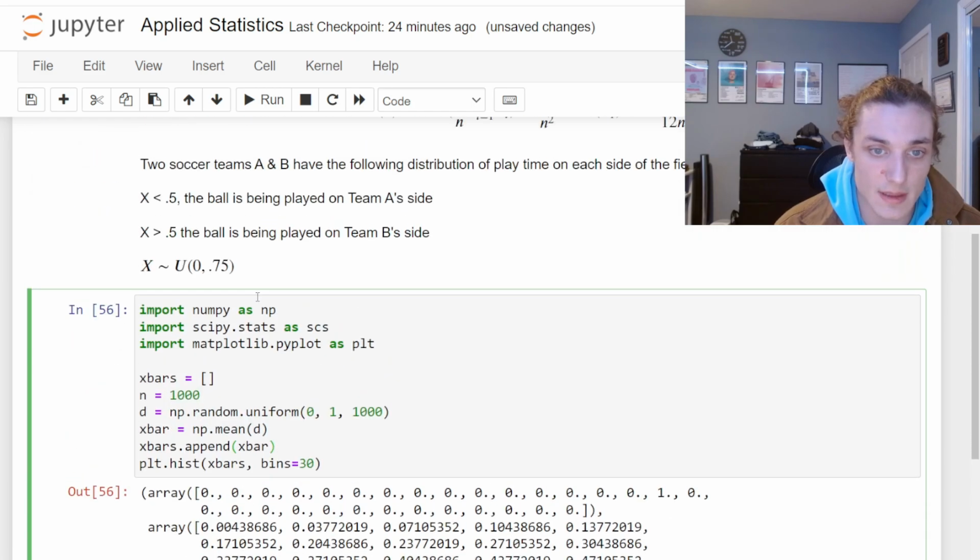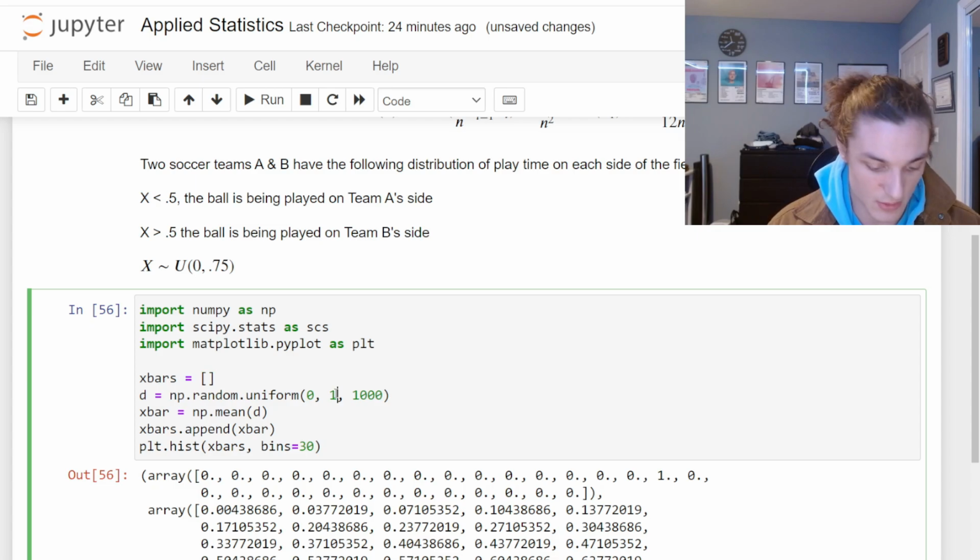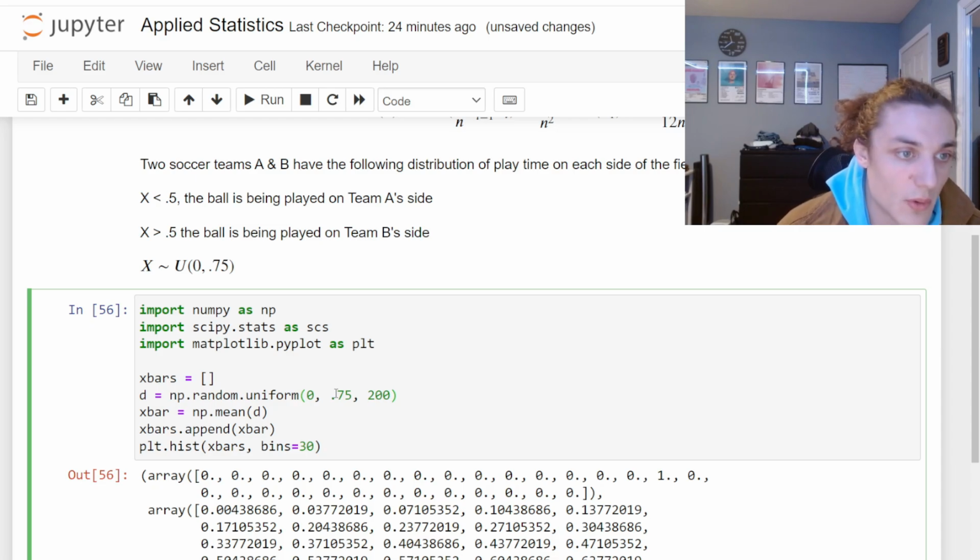So I'm going to generate from this particular distribution, 0 to 0.75, let's say 200 points. If I was to display this on a histogram, we would only have 1 point.